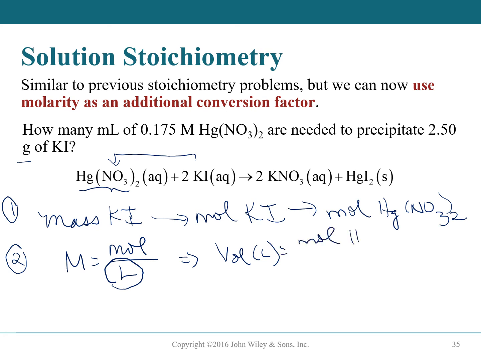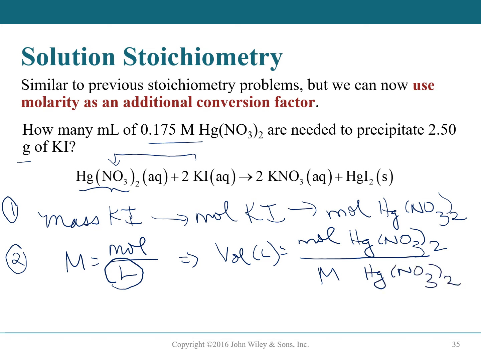So the moles of mercury 2 nitrate divided by the concentration in molarity, which we're given for the mercury 2 nitrate. Once we've done that, now all we need to do is a conversion. We need to convert liters to milliliters.